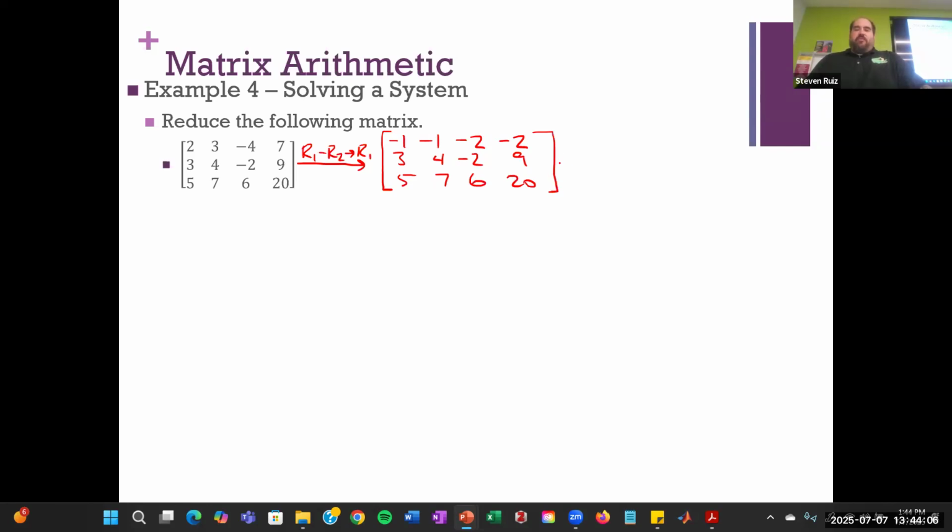And then you wanted to negate that. Excellent. Now what? Job 1 is to get our first pivot, which I think we got. What are you going to do now?